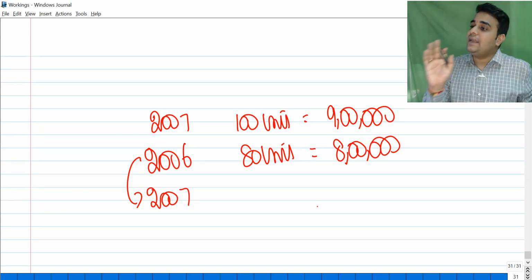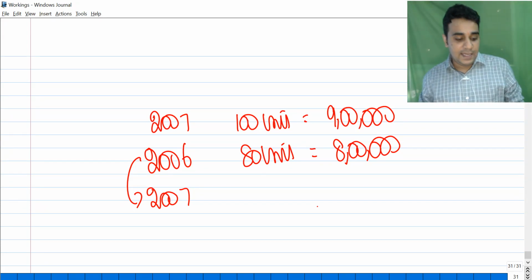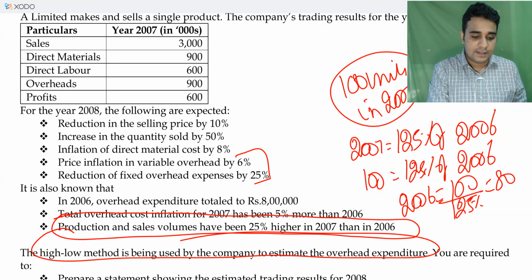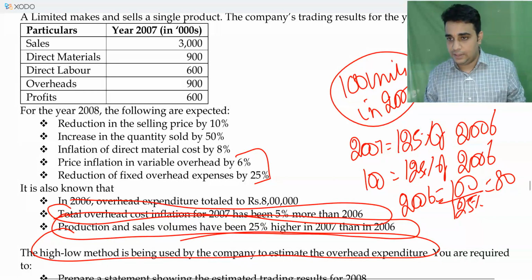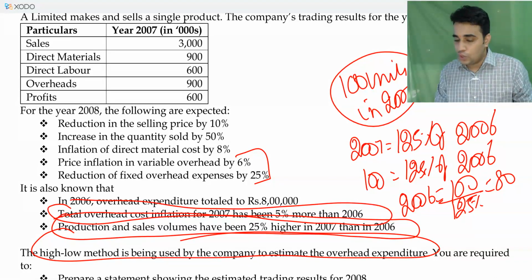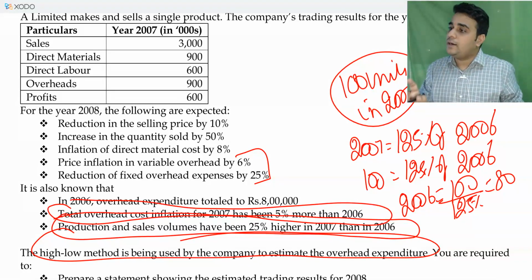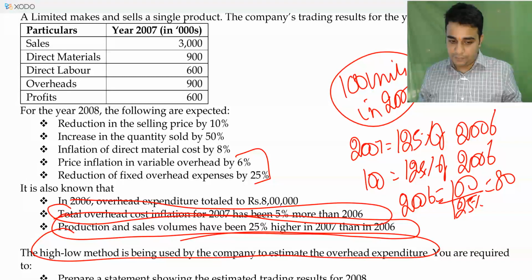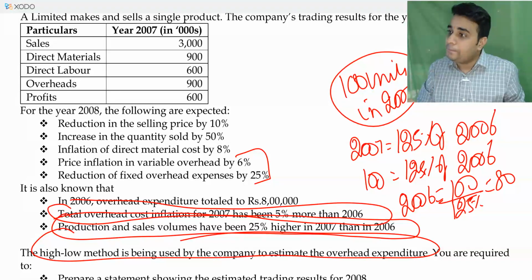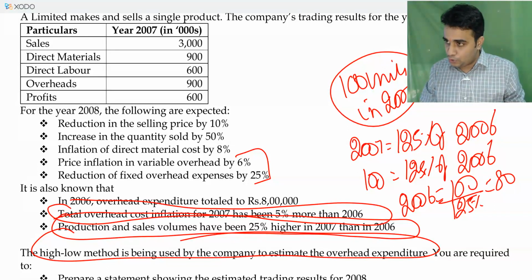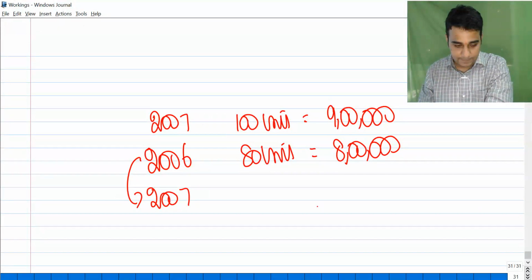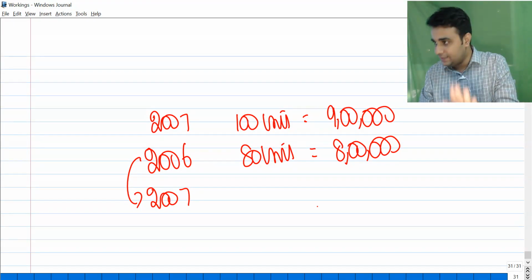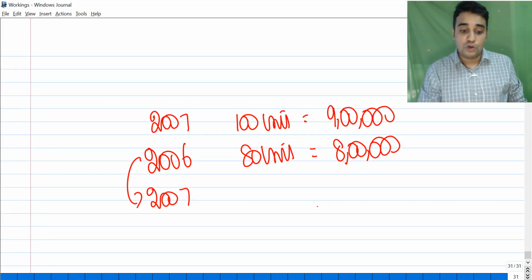But 9 lakh and 8 lakh are not comparable. Reason why they are not comparable is there is an inflation in 2007. Total overhead cost inflation for 2007 has been 5% more than 2006. So 2007 100 units 9 lakh, 2006 80 units 8 lakh.